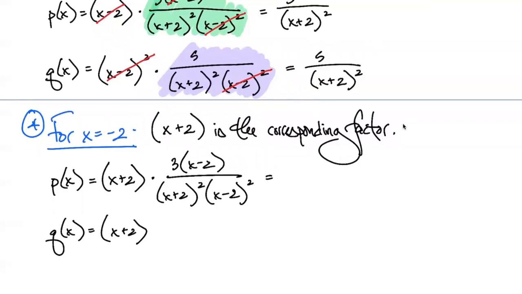And don't forget, for the little q of x, we're going to need to say that equals x plus 2 squared times that purple blob.